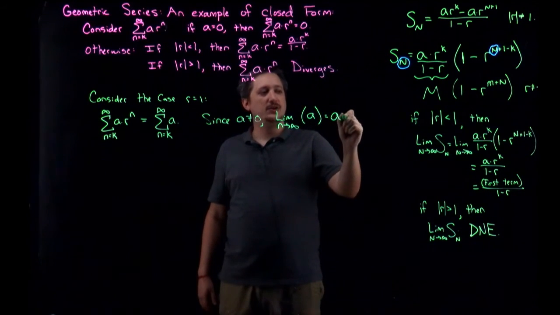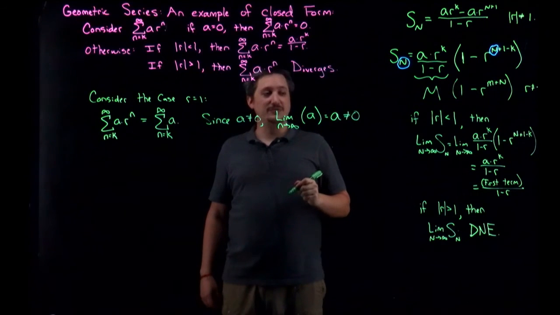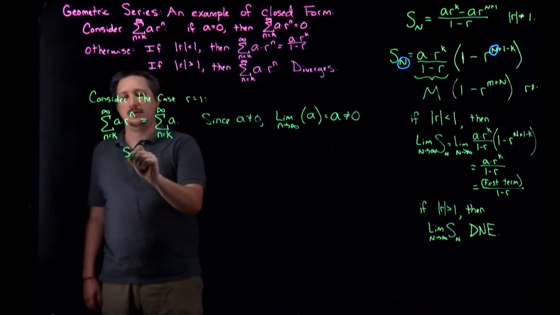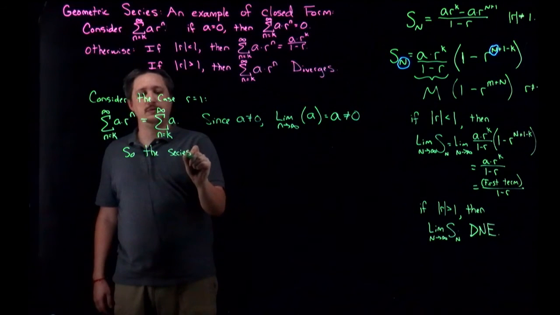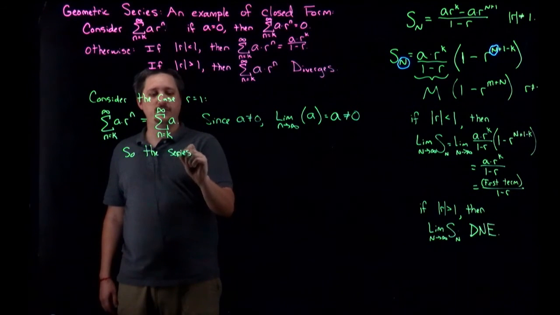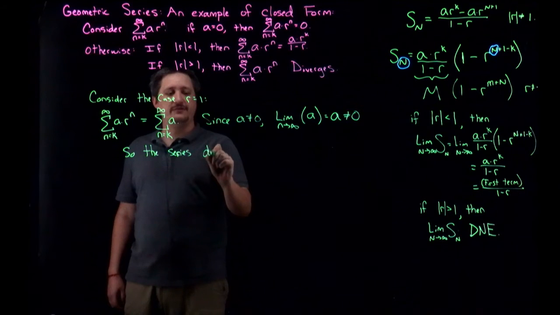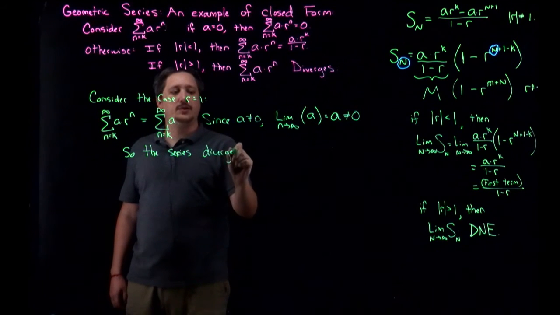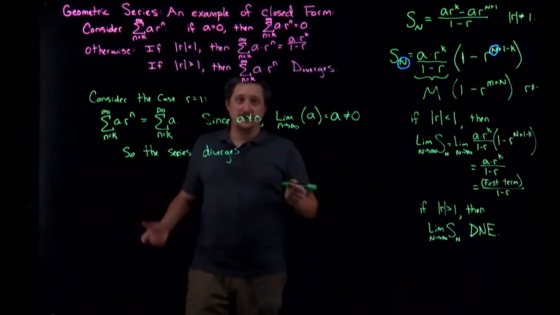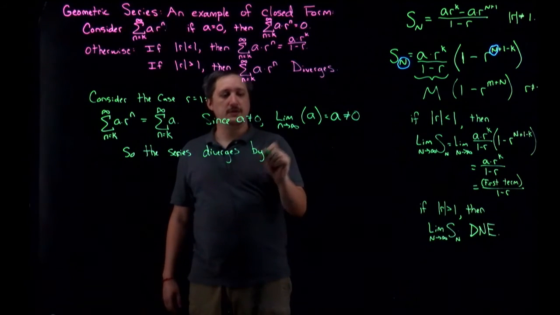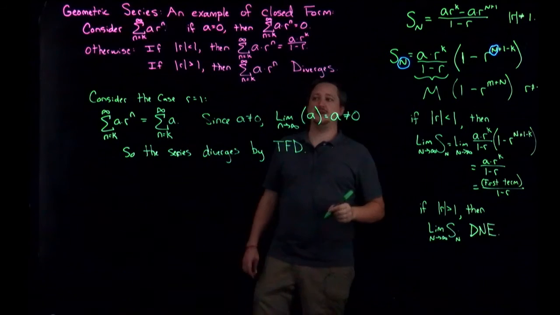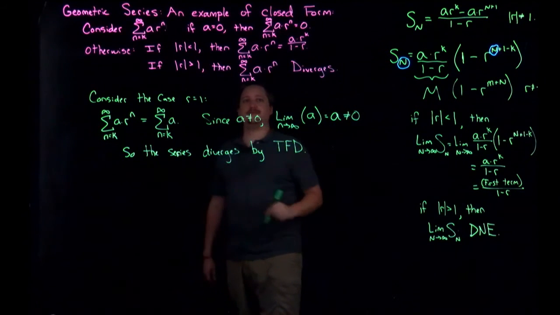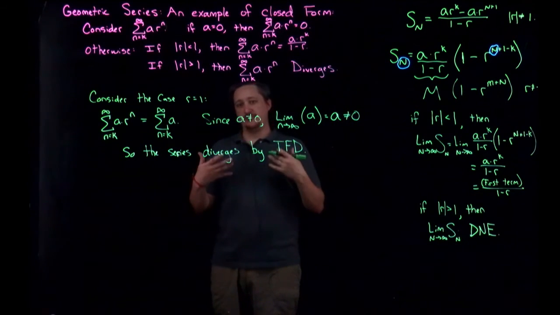It is a, which is not 0. So the series, it's supposed to be an r, there we go, the series diverges by what? Diverges by test for divergence, right? If the limit is not 0, then the series doesn't converge, meaning the series diverges.